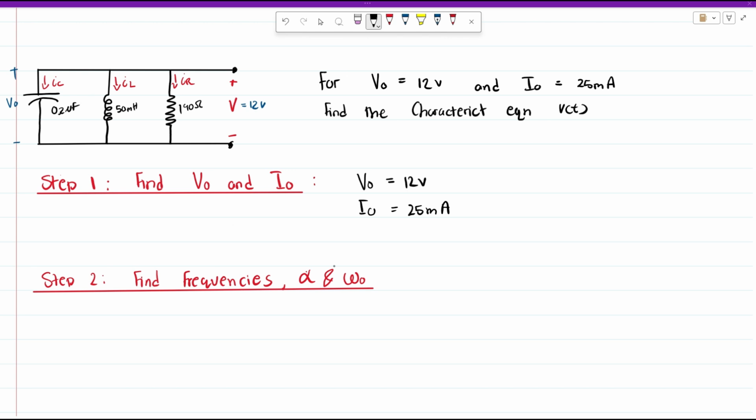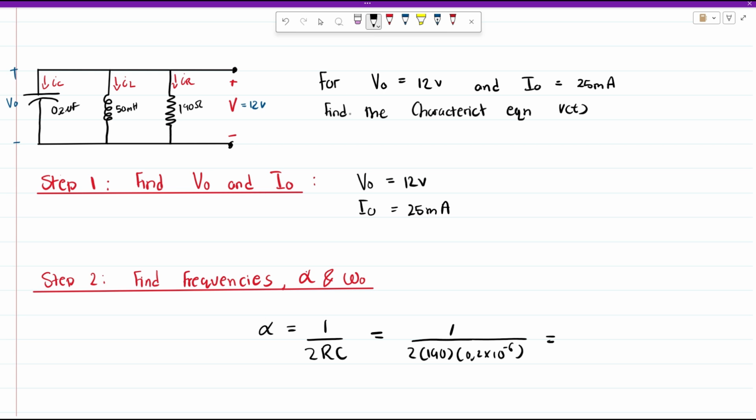Let's start with the Neper frequency. The Neper frequency is equal to 1 divided by 2RC. We already have the resistance and capacitance, so we'll just take them from the picture. So we have 1 divided by 2, and then the resistance, which is 190 ohms, and the capacitance, which is 0.2 multiplied by 10 to the power of negative 6.